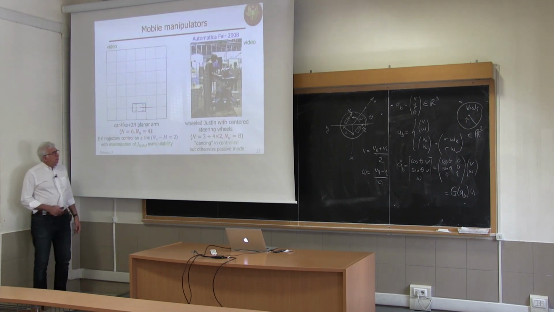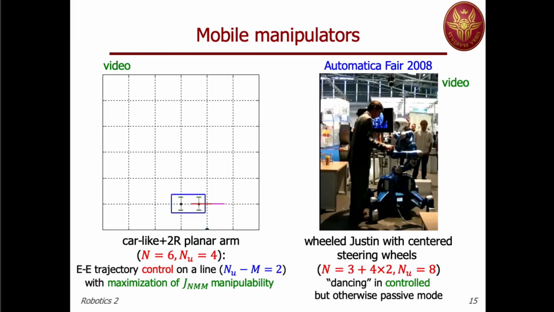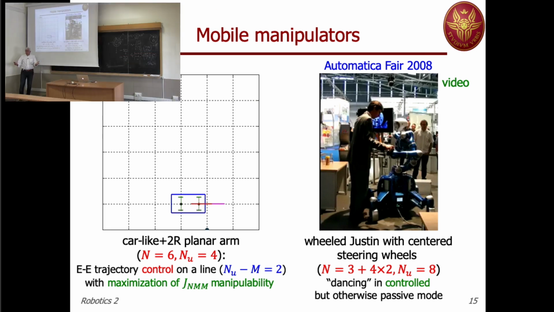Let's see a couple of examples very shortly. This is not a unicycle type like that model base. In fact, it's a car-like type, so it's similar to the car with a steering front wheel.